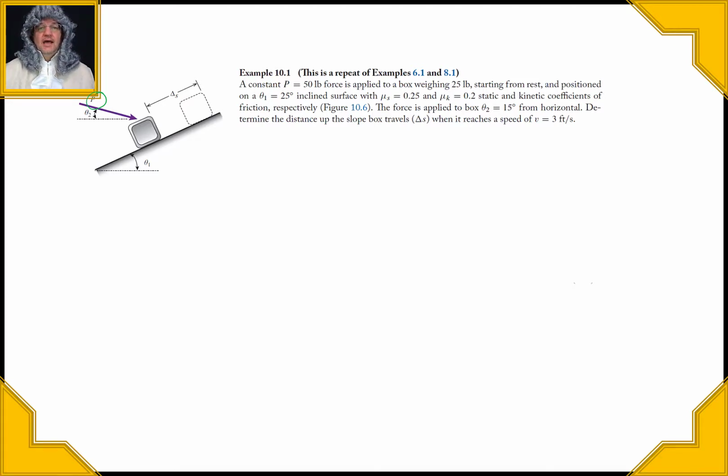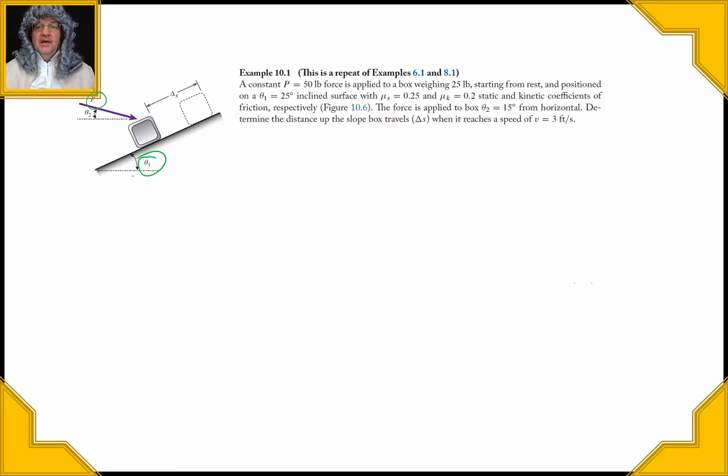Okay. So we have this constant force P of 50 pounds that's applied to the box that weighs 25 pounds, and that's starting from rest and positioned on this slope where this is 25 degrees right here. And we have a coefficient of static friction of 0.25, which we're not going to use this time. We used it in example 6 to show that it would move.